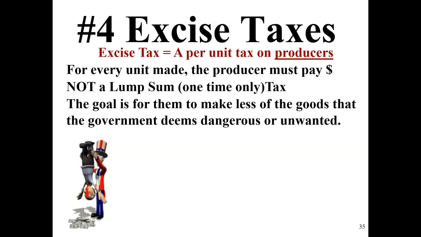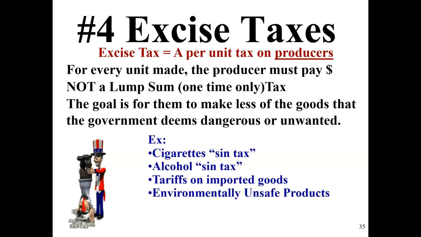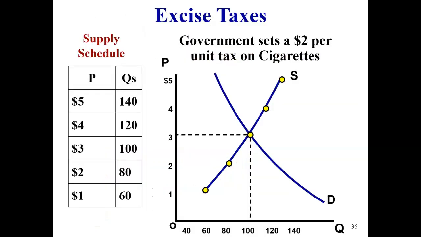For every unit, again, not a lump sum, same idea. And the goal would be to make less of a good that might be harmful for us, like cigarettes, alcohol. Tariffs on imported goods are also excise taxes, although it's a very specific kind of excise tax. Something like that.